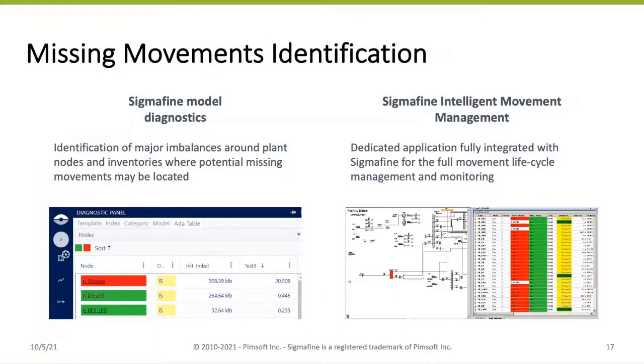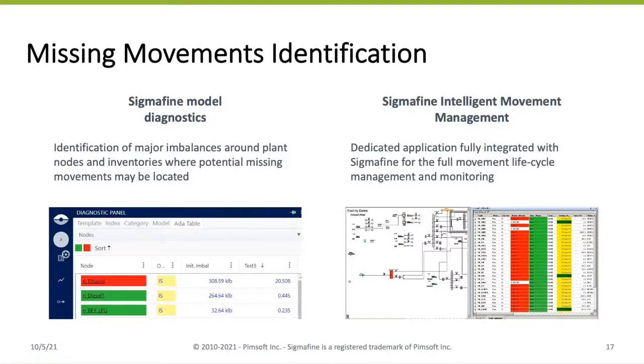If you want a more comprehensive approach, there is also a dedicated application, such as the Sigmafine Intelligent Movement Management, which makes the declaration of movement and the real-time monitoring of inventory change versus active movements available to the operators.